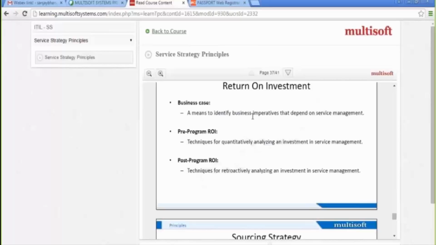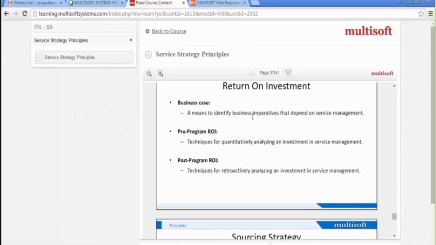In simple layman language, the business case is the document in which I maintain the reason. First, why am I doing this?